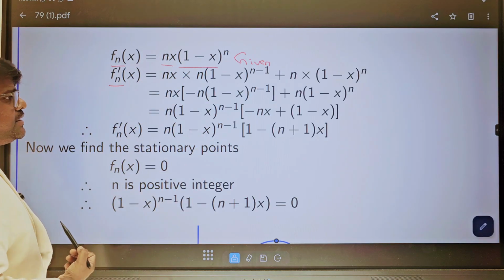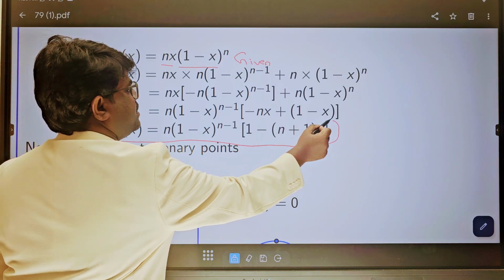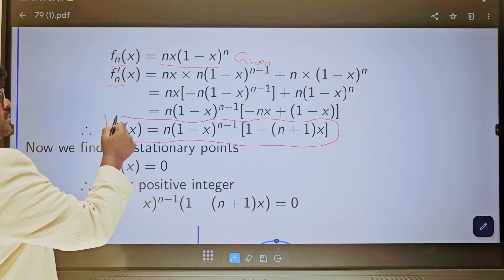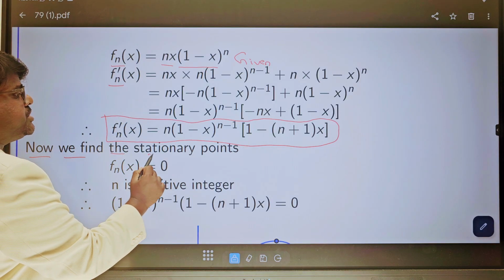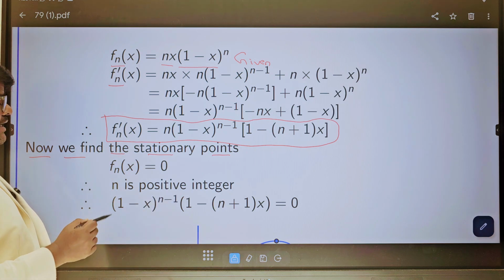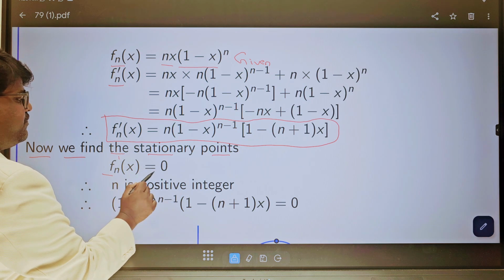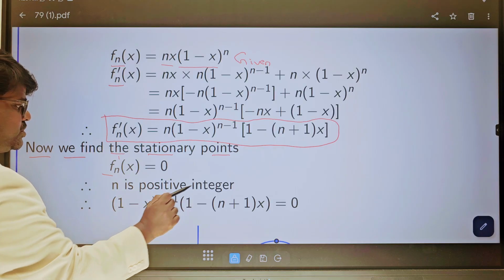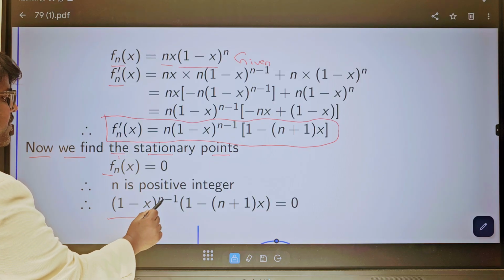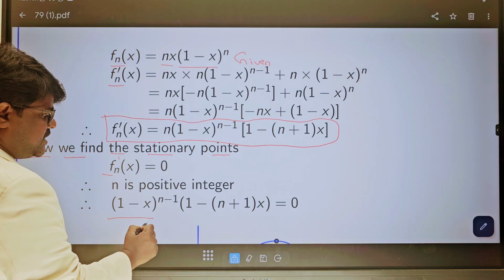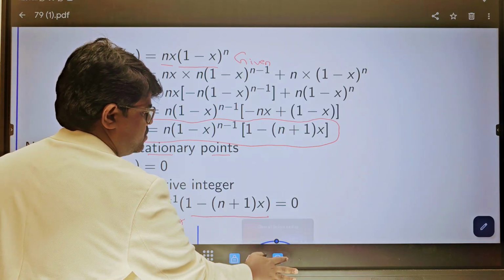I will differentiate it, and this will be the final step. Now we find the stationary point, that is, f dash n of x equal to 0. n is a positive integer. Therefore, 1 minus x to the power of n minus 1, either this should be 0 or this term should be 0.